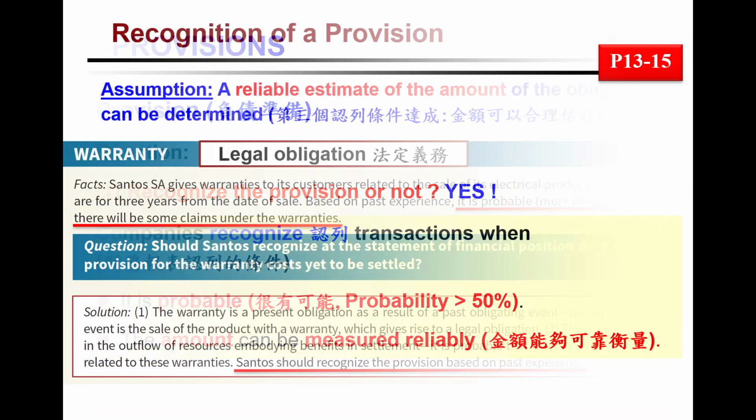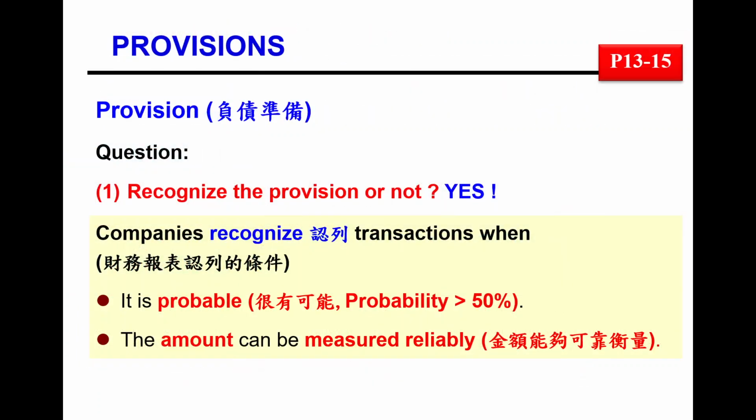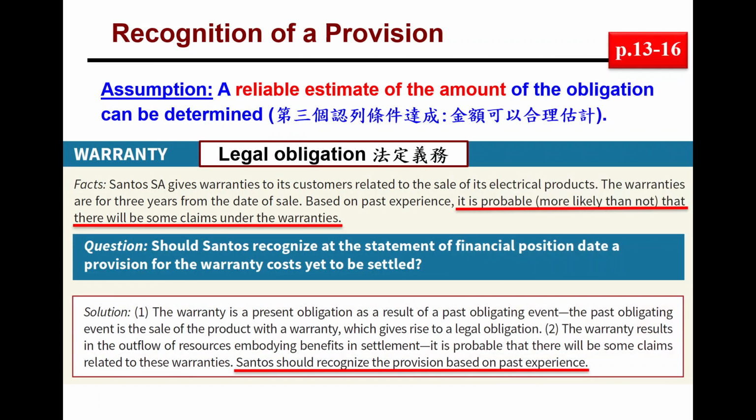Second one, before we talk about the second one, we have a couple of cases right here. Warranty. Later we will talk about warranty. What's warranty? 保固. Have you gotten any warranty from anyone else? Of course. Everything you buy, you will get a warranty from the sellers.